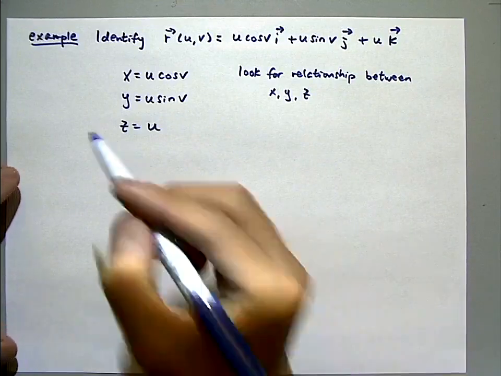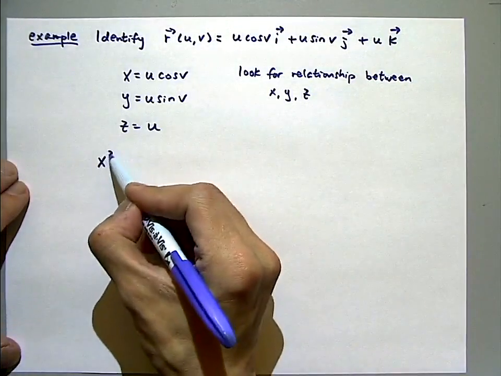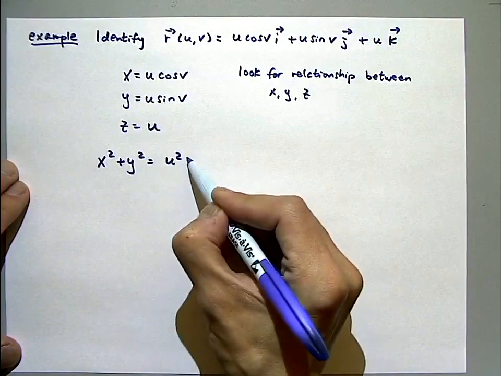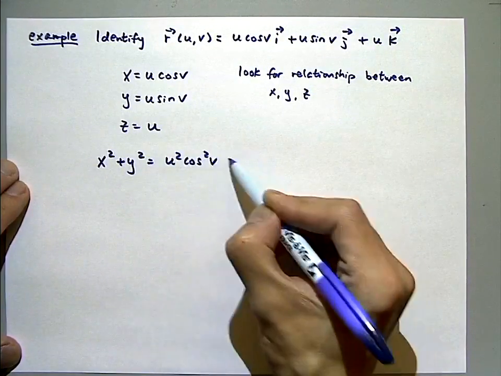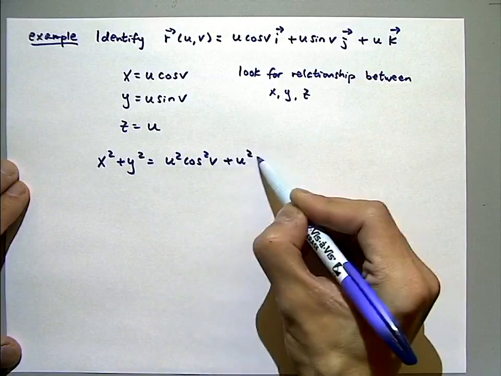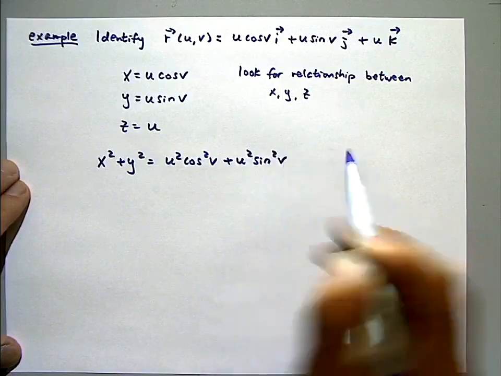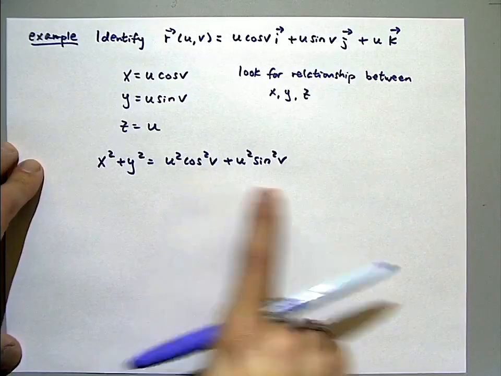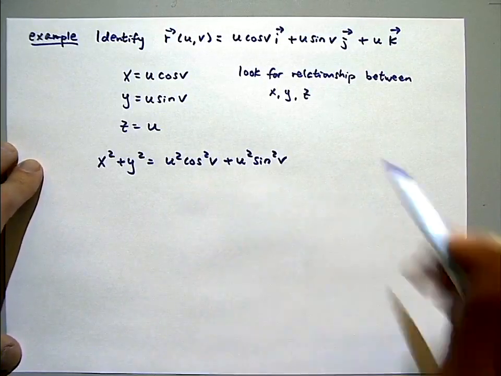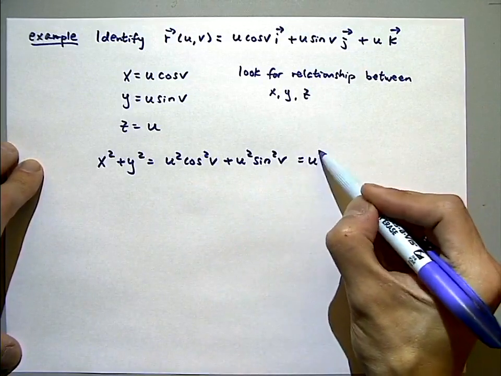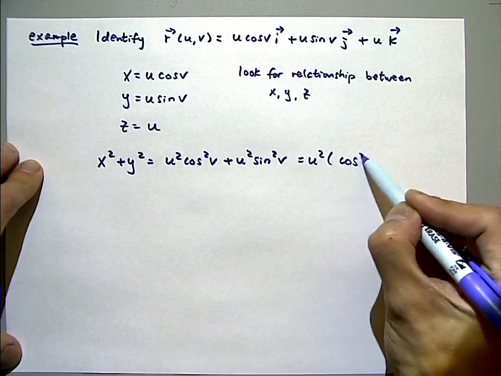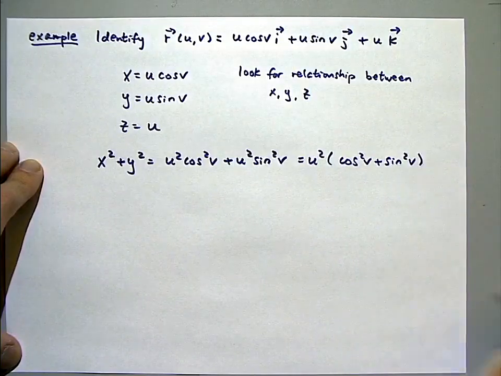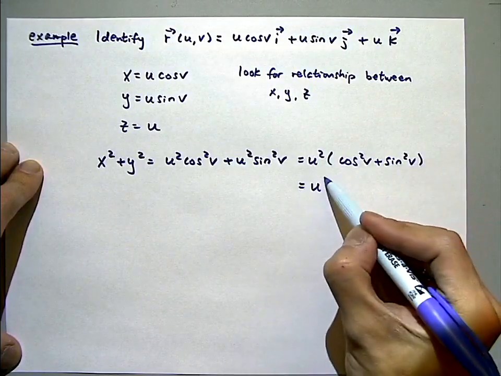For example, notice what happens when I add x squared and y squared. If I square x, I get u squared cosine squared v. If I square y, I get u squared sine squared v, which is the same as u squared times cosine squared plus sine squared, which turns into, of course, u squared.